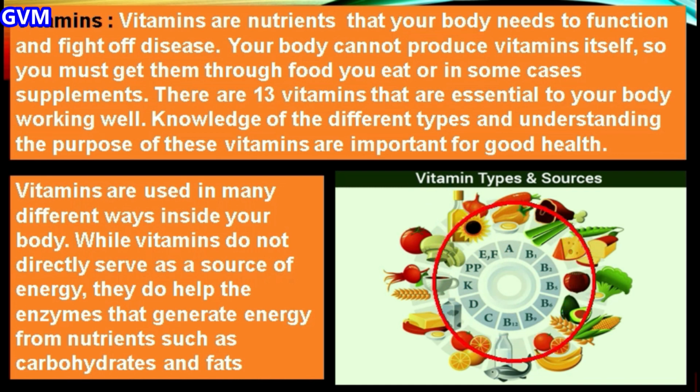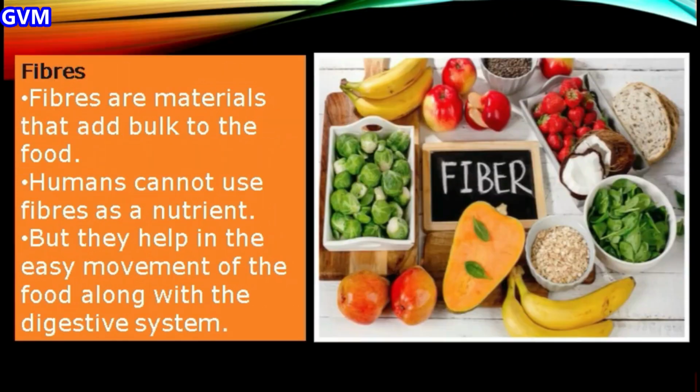The next group is fibers. Students, fibers are also known as roughage, and these fibers are materials that add bulk to our food. Students, these fibers or roughage are mainly needed to keep the digestive system healthy.